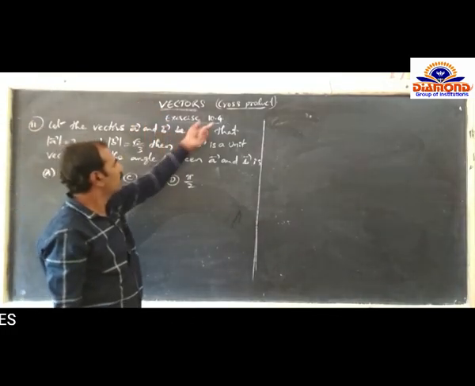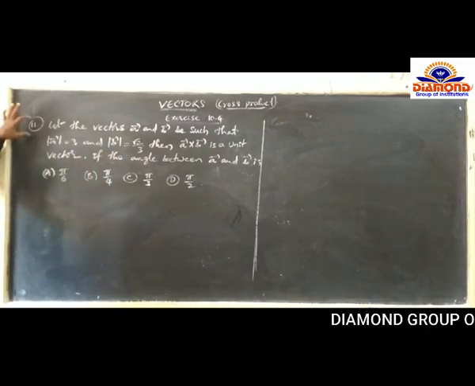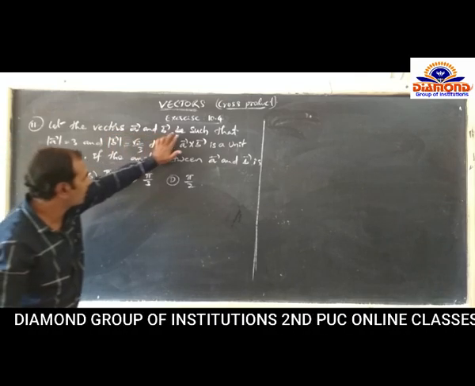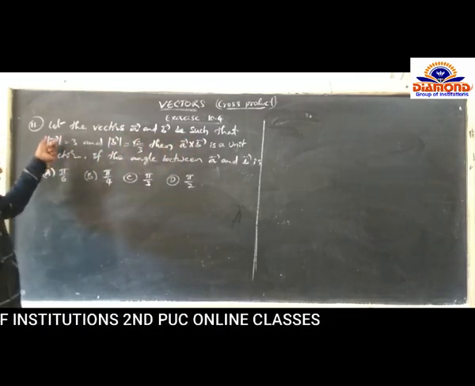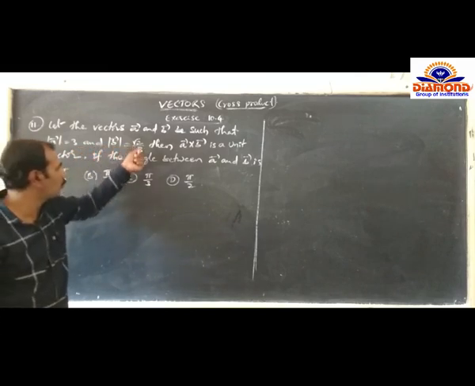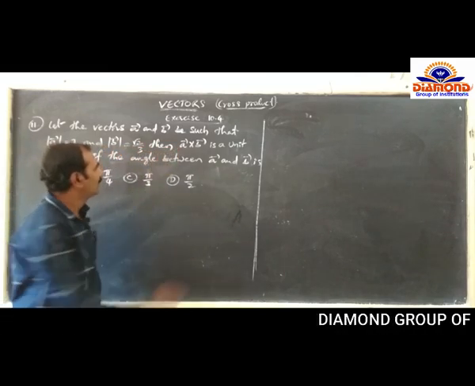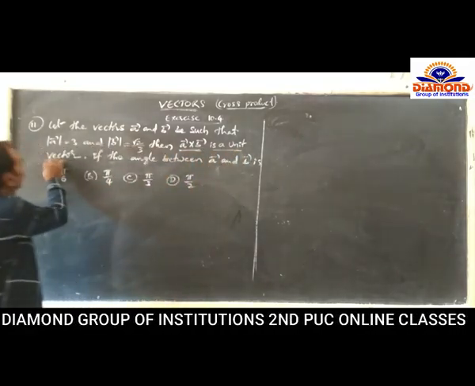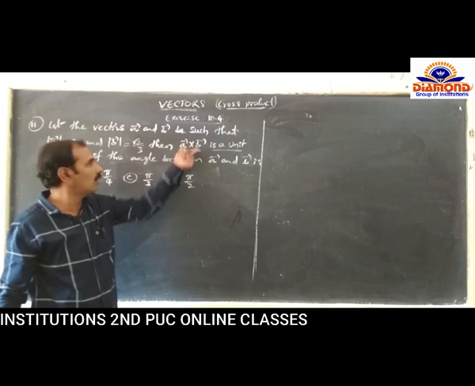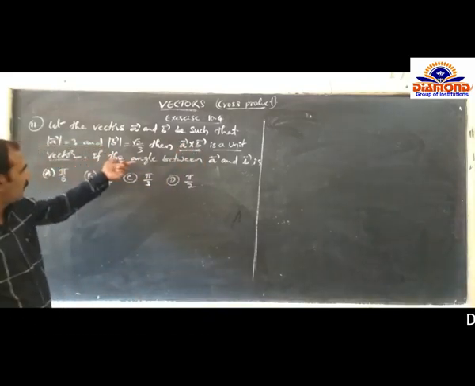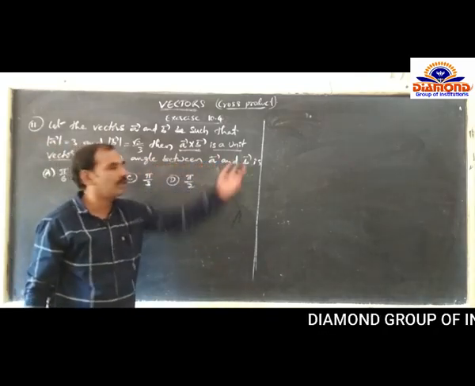In vectors, exercise 10.4, the 11th question. Let the vectors A bar and B bar be such that the magnitude of A is 3 units and the magnitude of B is root 2 by 3, and A cross B is a unit vector, meaning the magnitude of A cross B is 1. Find the angle between A bar and B bar.